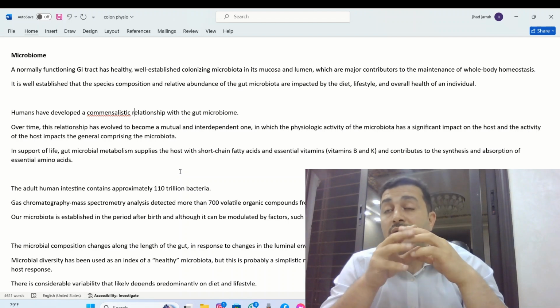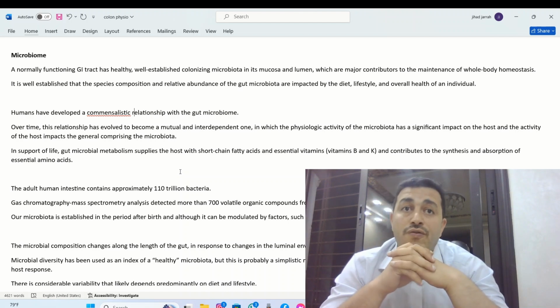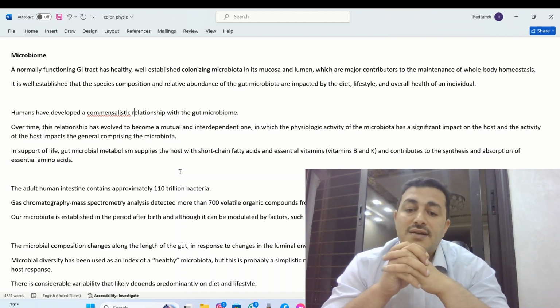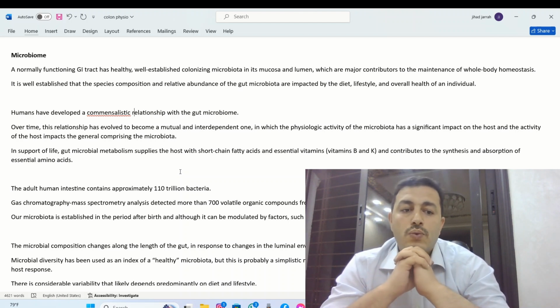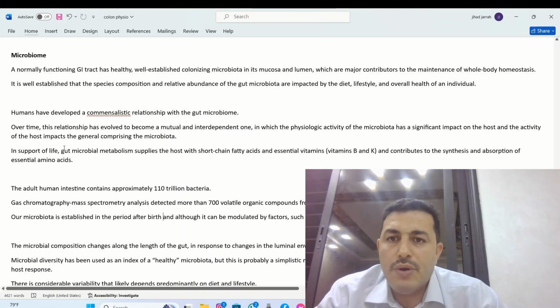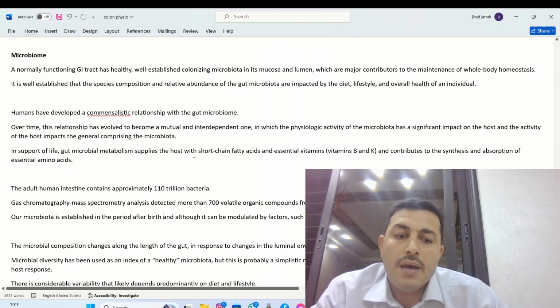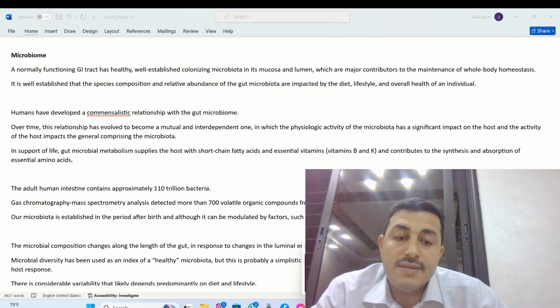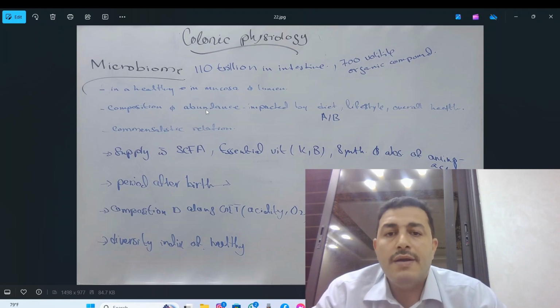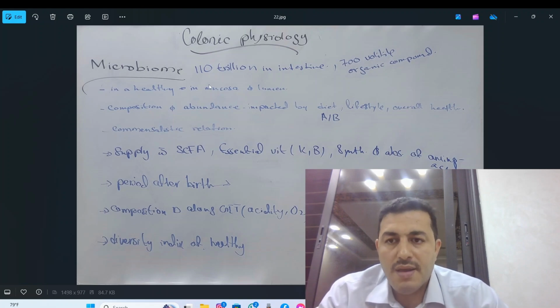We said that it may participate in synthesis of many vitamins, short chain fatty acids, etc. So we will talk about the microbiome. Microbiome means the bacteria present in the colon, in a large amount, about 100 trillion in the intestine. They are present in a healthy patient in the lumen and in the mucosa, on the epithelial surfaces.